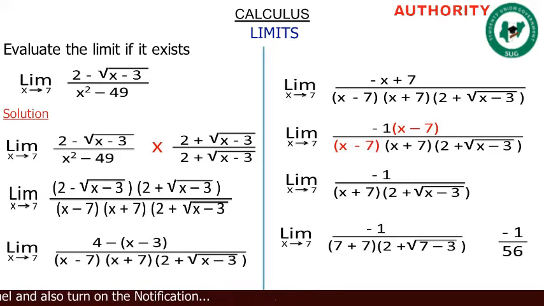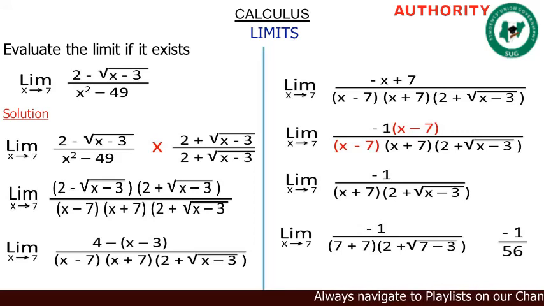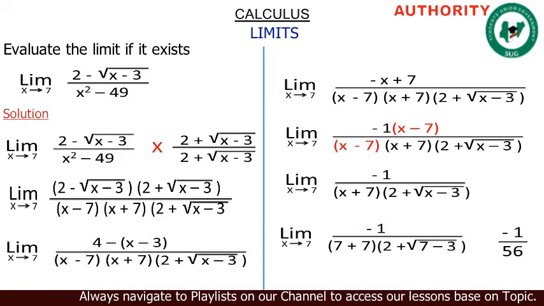Square root of 4 is 2. 2 plus 2 gives us 4. 4 times 14 gives us 56. So therefore we have minus 1 all over 56. So after the evaluation of lim as x approaches 7, 2 minus square root of x minus 3 all over x squared minus 49, our answer is minus 1 all over 56.